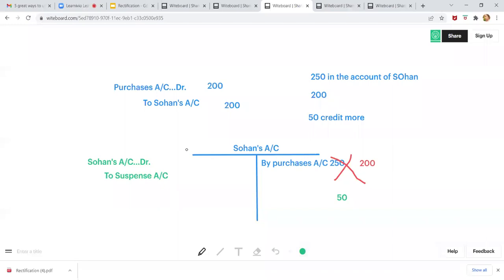In purchases it was done perfectly, but there was a mistake in Sohan's account, with the amount of rupees 50. That is why we have debited Sohan's account with 50 rupees, as it was credited by 250 rupees when there has to be 200 only. So 50 rupees was credited more by mistake, right?